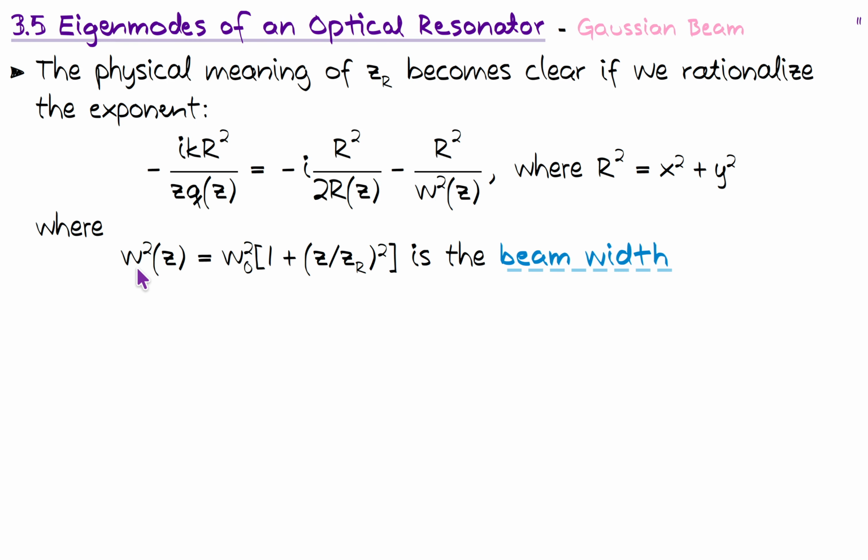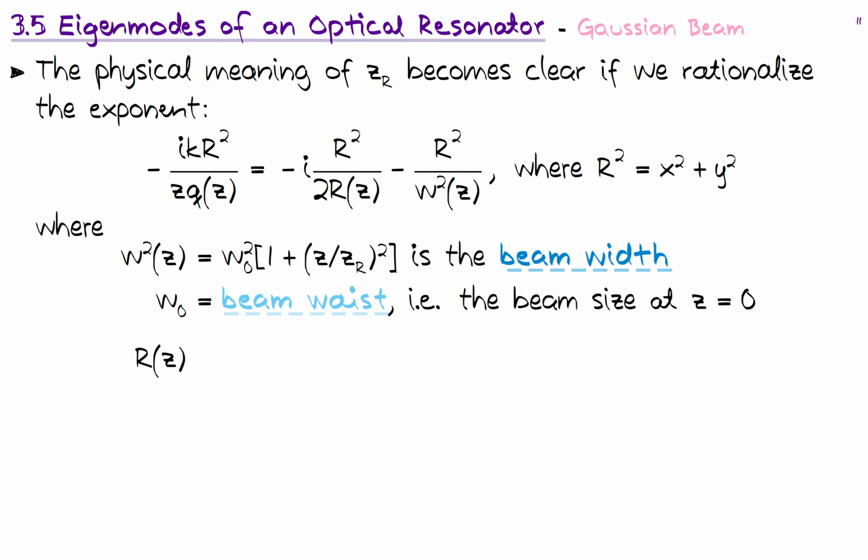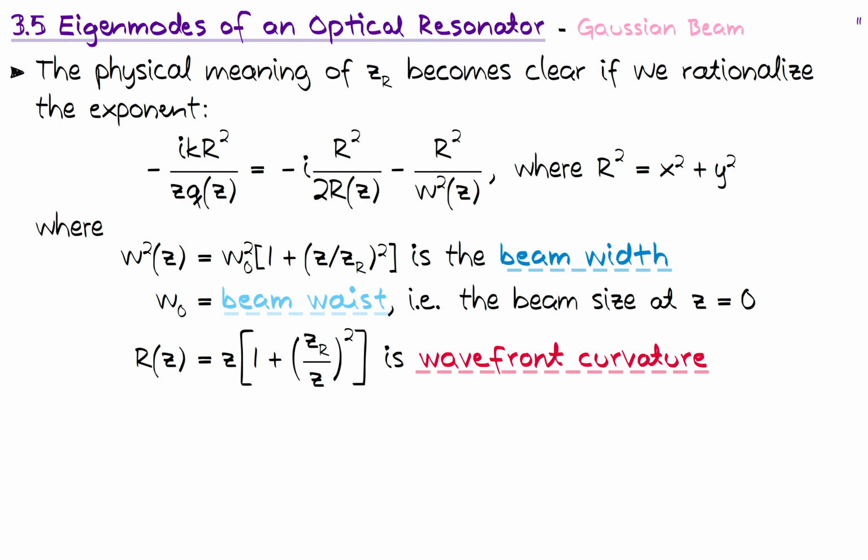Beam waist w naught is the beam size at the z equals 0 plane, and then we have the radius of curvature, the wavefront curvature, given by z times 1 plus z_R, the Rayleigh range, divided by z, to the power of 2. This is known as the wavefront curvature. And again, for the physical meaning of the Rayleigh range, we can see that the wavefront curvature R is really being dictated by the strength of the Rayleigh range.